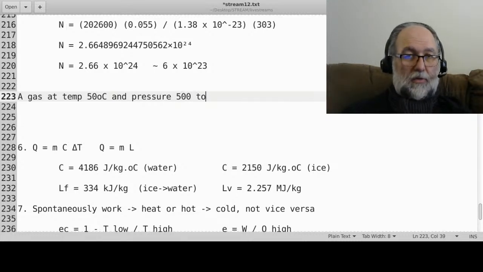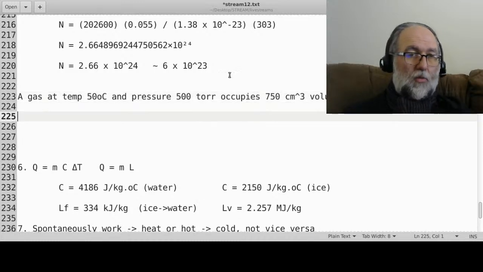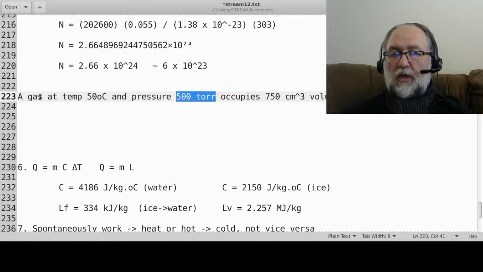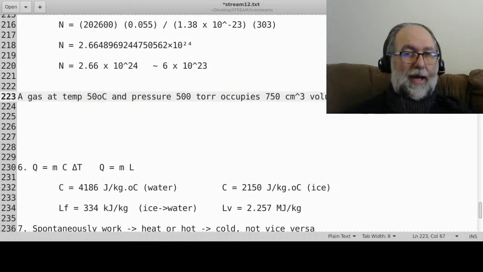Don't worry, you'll see that the units don't matter. 500 torr occupies 750 cubic centimeters volume. At this point, you're going, wow, that's some pretty crazy units. What's a torr, and what's this? I did mention torrs early in the course, but 760 torrs is 1 atmosphere. But that's not important. You're going to see that the units here actually don't matter as much.